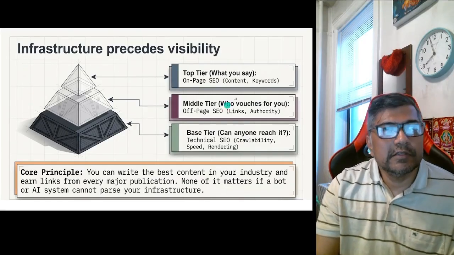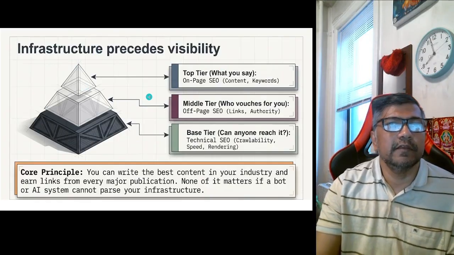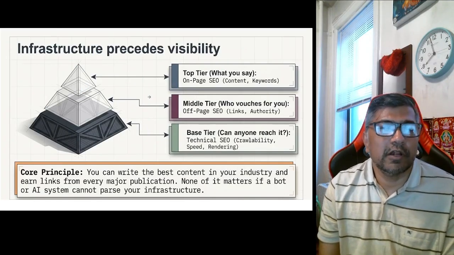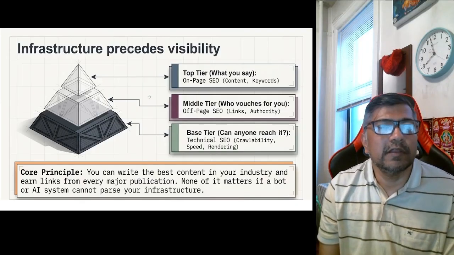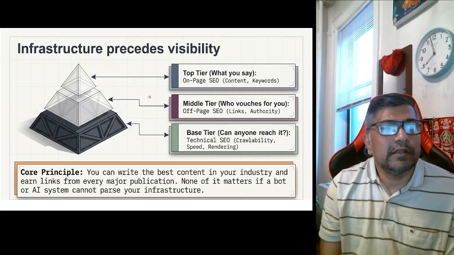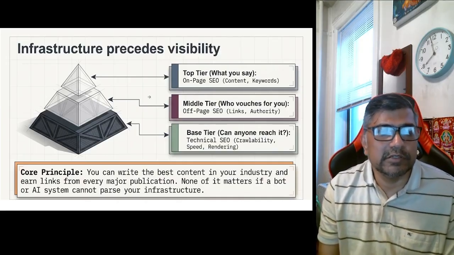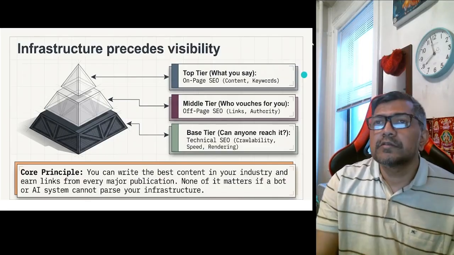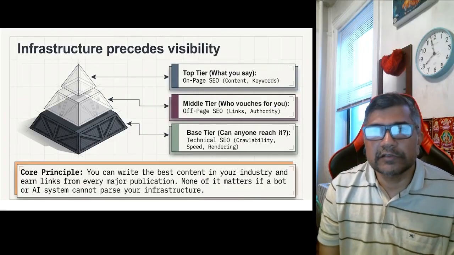So to understand the infrastructure, look at this pyramid. At the very top layer you can see your on-page SEO, that is your content and your keywords, sitting at the middle of this pyramid. You can see your off-page SEO, like your links and your authority, like your domain authority, etc. So at the bottom we see the technical SEO, where you look at the crawlability, the speed, the rendering, etc. So my point is, the base of this SEO is more technical.